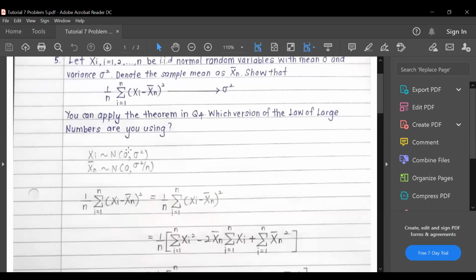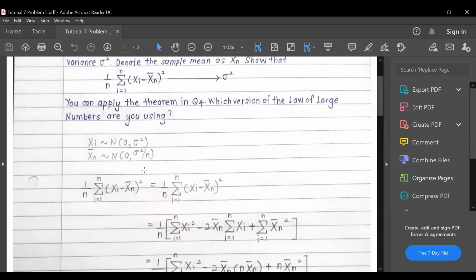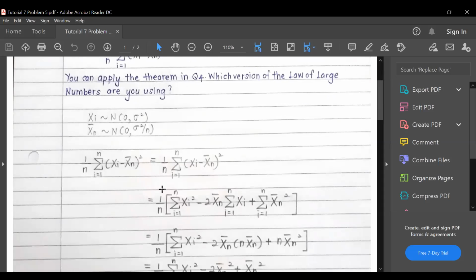So we know that Xi follows a normal distribution with mean 0 and variance sigma square, and Xn bar follows a normal distribution as well, with mean 0 and variance sigma square over n. I take this term and simplify it.